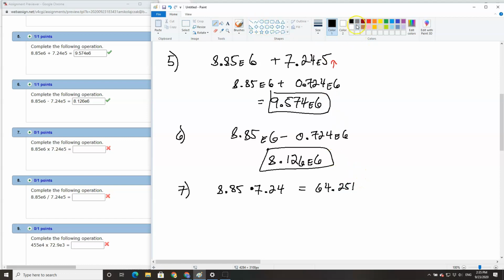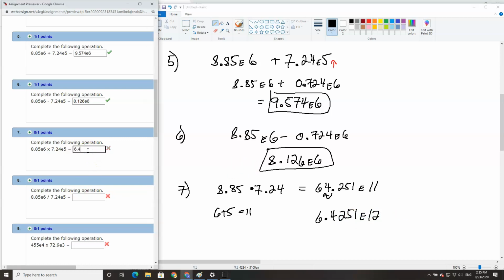Now, I have an E6 and an E5. 6 plus 5 is 11. So this number is to the power of 11. I have to move the decimal one spot, so it'll be 6.4251 E12. Since I moved the decimal to the left, the exponent increases in power by 1.